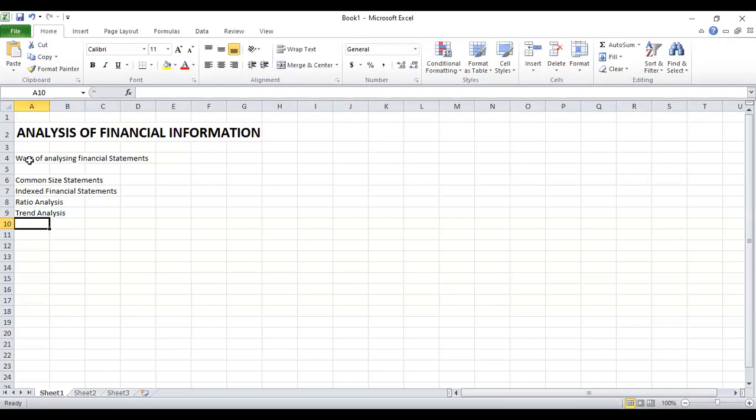We have failure prediction. Then we've got comparative financial statements, whereby your financial statements are prepared side by side.